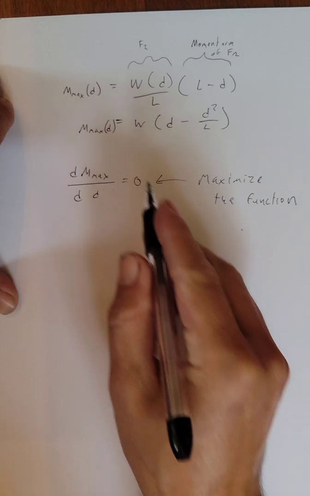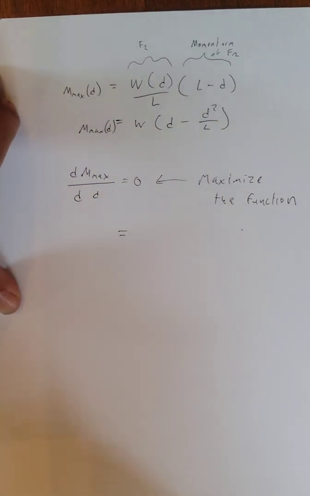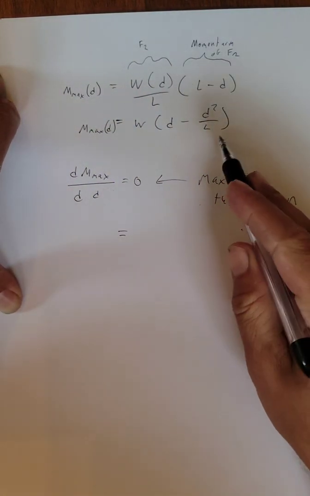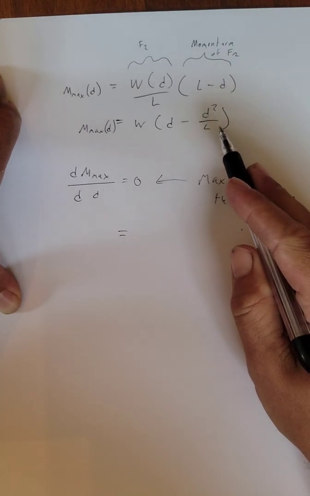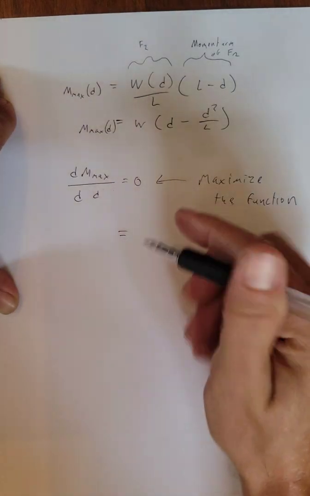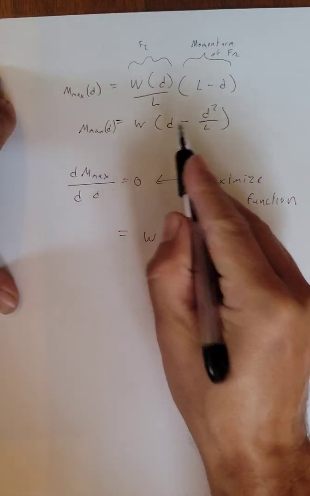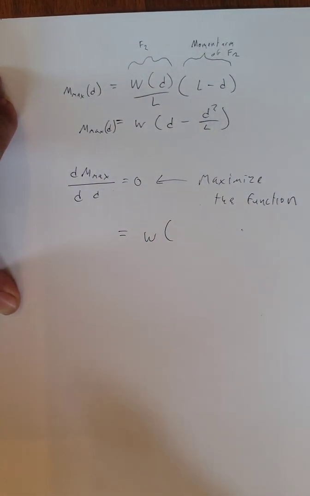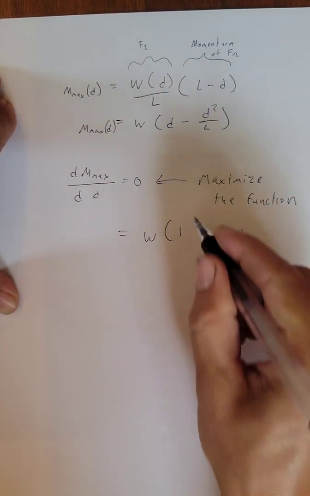So if we calculate that derivative, and you may have to go back and refresh yourself on calculating the derivative of a polynomial. This is a polynomial here, right? We're going to get w times the derivative of d with respect to d, which is 1.